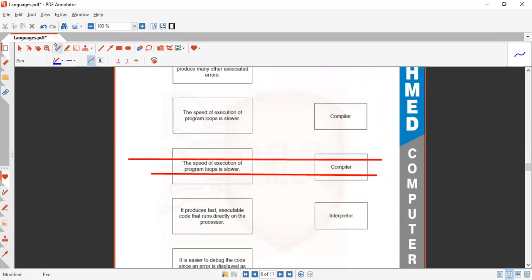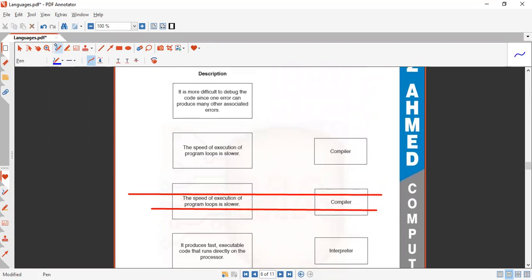Okay. Now number one, it is more difficult to debug the code since one error can produce other associated errors. Yeah, compiler or the interpreter? Compiler. The speed of execution of a program loop is slower.